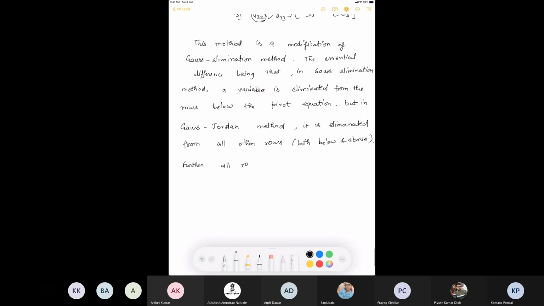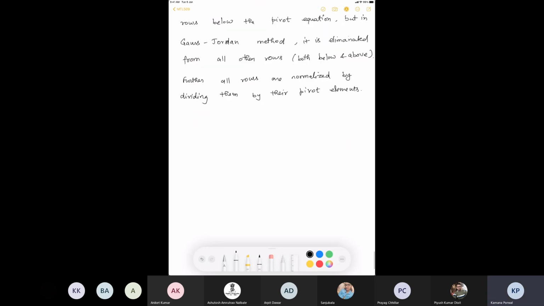Further, all rows are normalized by dividing them by their pivot elements, right?